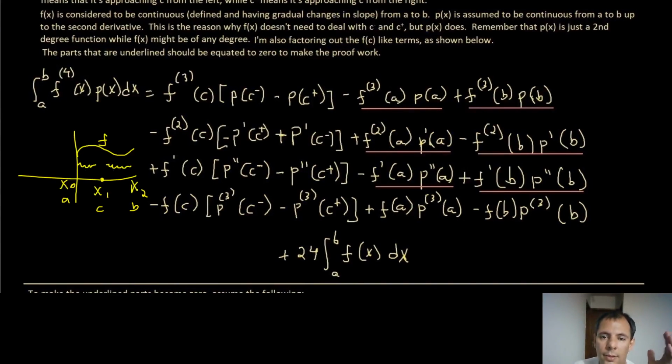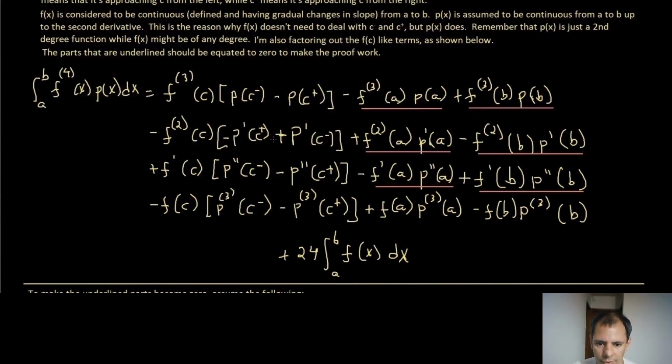These p of x's are not the same. But to knock out these terms, you want the left p of x, this one, to equal a scalar when it's at c, okay? So this left in here, you can do p of c, and it's going to be some kind of scalar. Let's just write s. And you want the right one, this one here, which is also p of c, to equal s. You want them to be equal, because if they're equal, it's going to be like s in here minus s in there, which is just going to be 0, and that'll knock out that term. So that's what you want to do.